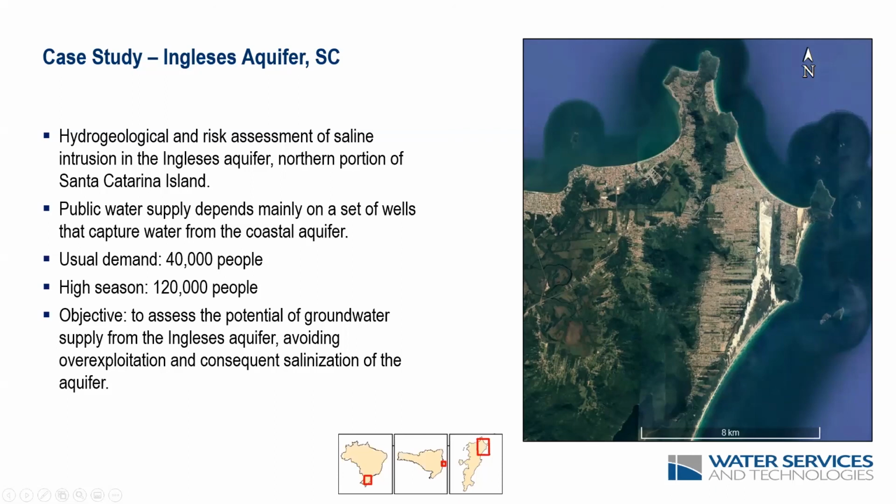And the objective of these assessments, as I mentioned, was to assess the potential for groundwater production from this aquifer, the Ingleses aquifer, avoiding overexploitation and salinization of the aquifer by pumping saline water into the continent or into the aquifer.